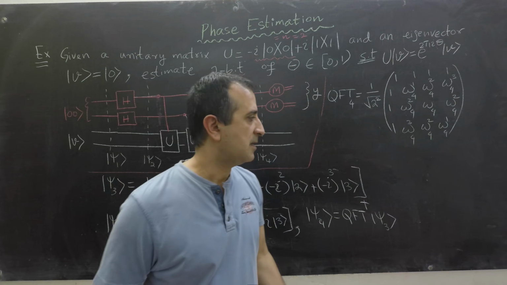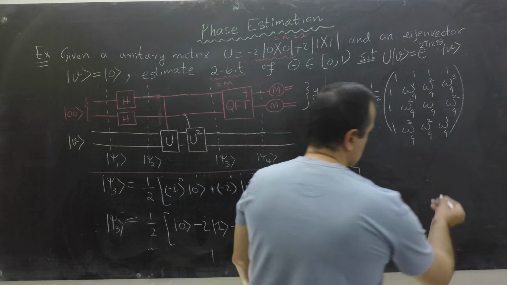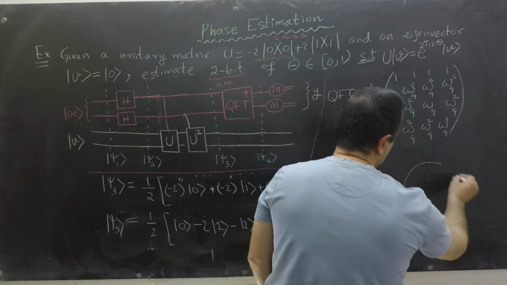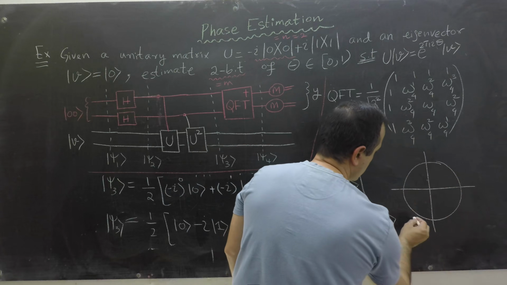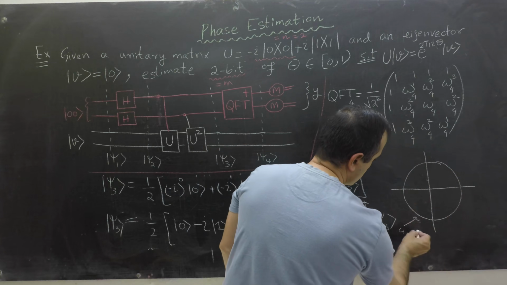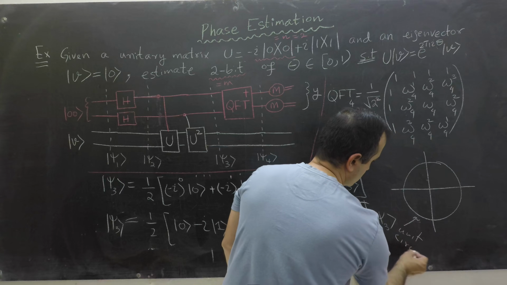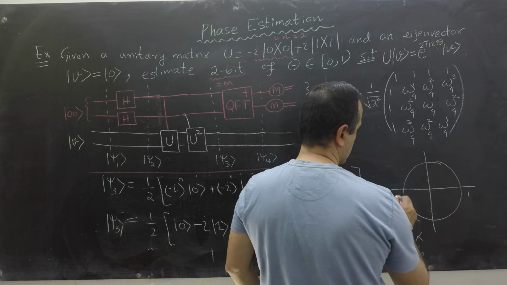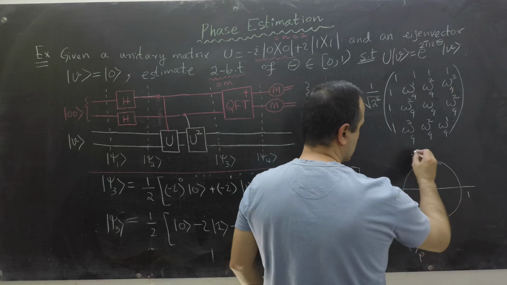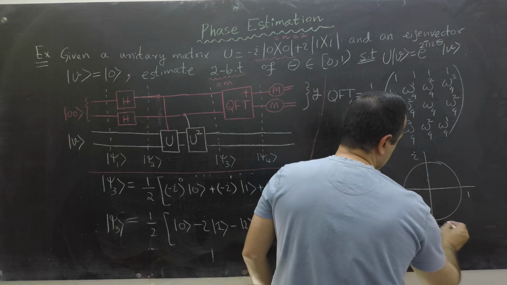To do that, let's consider the unit circle. This is my unit circle. Here I have 1, here I have minus 1, here I have iota, and here I have minus iota.